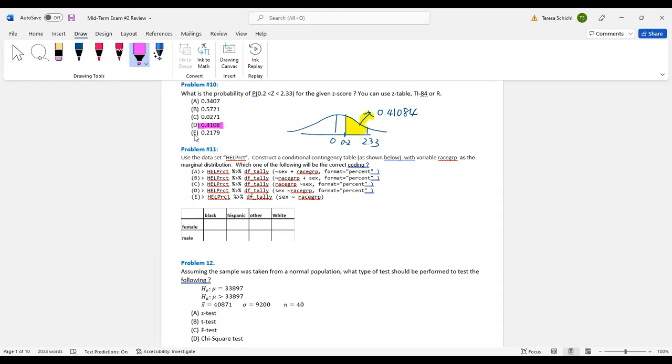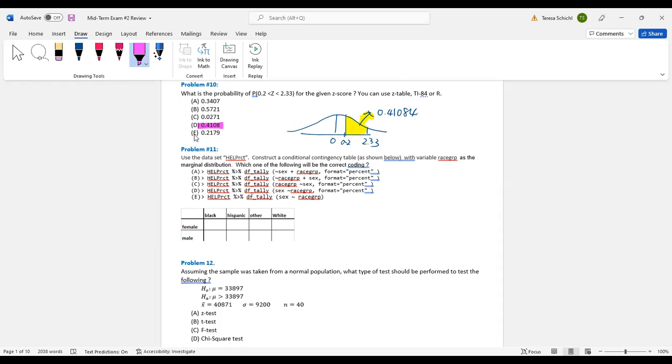Okay, all right, so now let's take a look here. They used the data set to construct a conditional contingency table as shown in here.